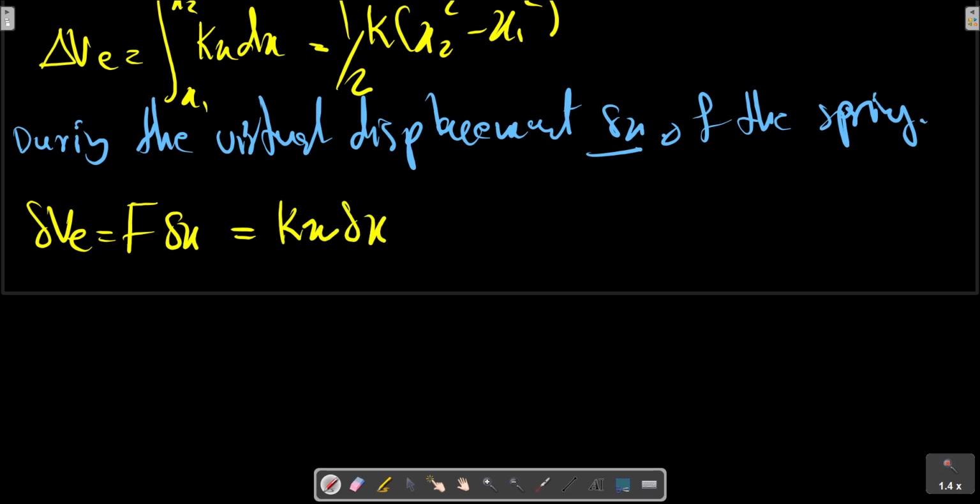During a decrease in the compression of a spring, as it is relaxed from x1 to x2, the change in the potential energy of the spring is negative. Consequently, if delta x is negative, delta V is also negative.